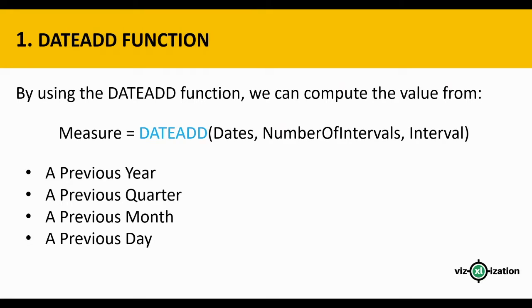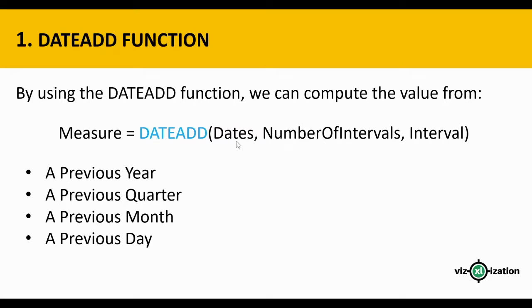By using this function, we can compute the values from, as I said before, a previous year, previous quarter, previous month, and previous day. Of course, as you guys can see right here, we have the syntax, we have the measure, we have the function right here, DATEADD, and this function has 3 parts. Dates, and in this particular part, we will be using dates from a calendar table.